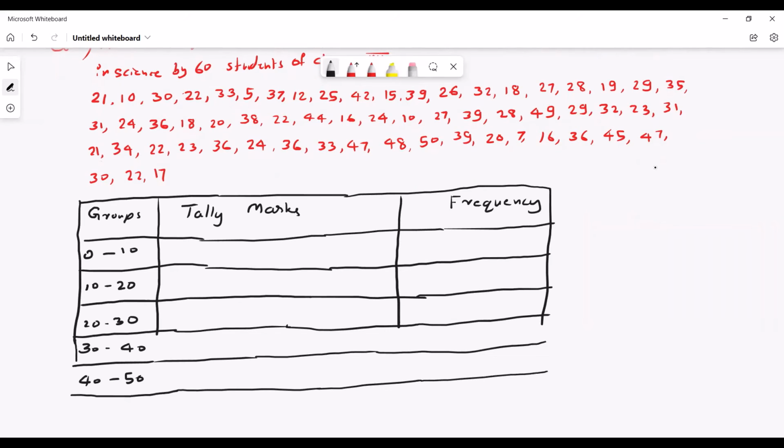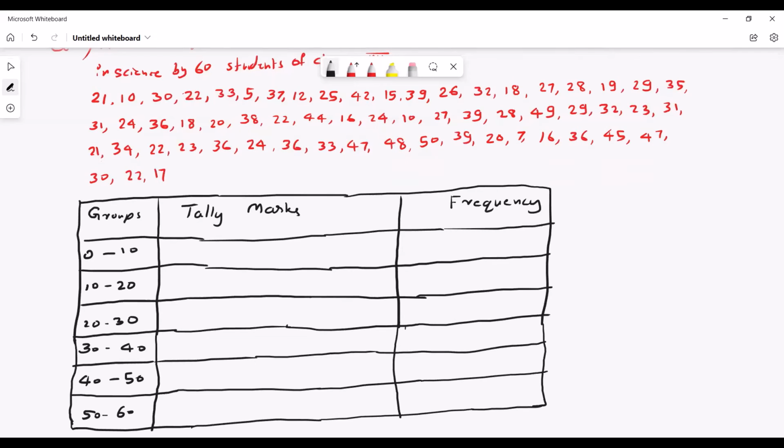The next group we can consider as 50 to 60. So first group is 0 to 10, second group is 10 to 20, then 20 to 30, 30 to 40, 40 to 50, and 50 to 60.